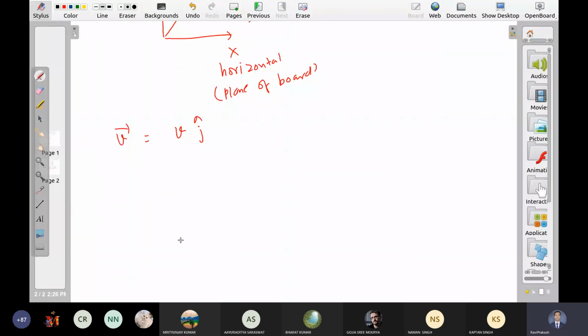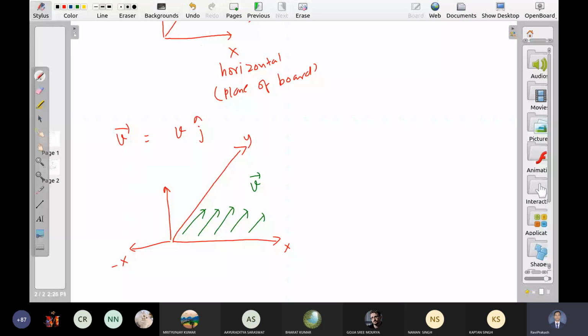What about this situation? This is the x-axis, this is the y-axis, this is the z-axis, and this is minus x-axis. Air is flowing in this plane, with vector v here being v j cap, but on this side it is flowing the other way, so the vector is minus v j cap.